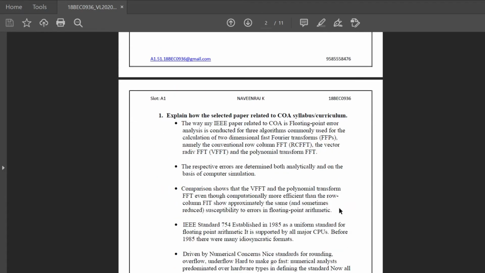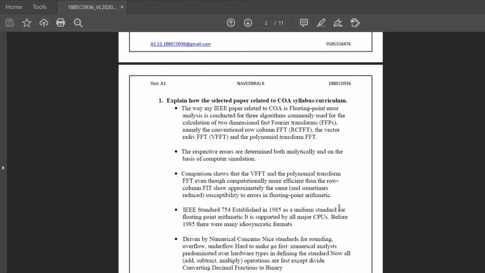Talking about the first question, they've asked about the relation. Basically, floating point error is analyzed using the two-dimensional fast Fourier transforms, namely the conventional row column FFT, which is RCFFT, the vector radix FFT, VFFT, and the polynomial transform FFT.